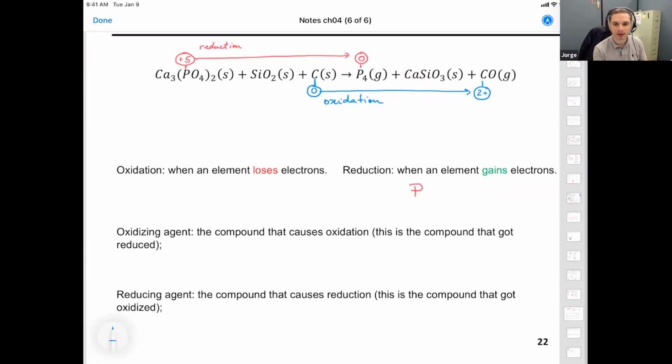The element that has its oxidation number increased, we say that this element oxidized. And in this particular reaction, the element that oxidized is carbon. So when I'm looking at oxidation and reduction, I'm just looking at the atom that either gained electrons, reduction, or lost electrons, oxidation.